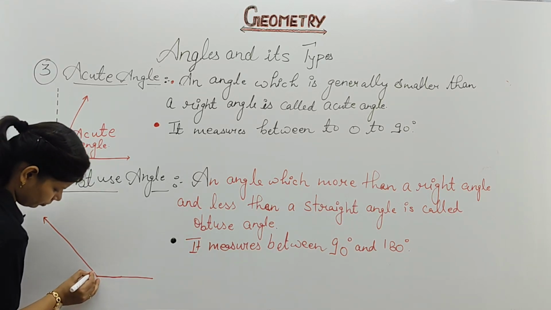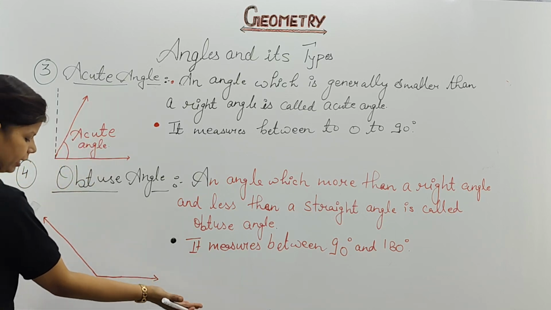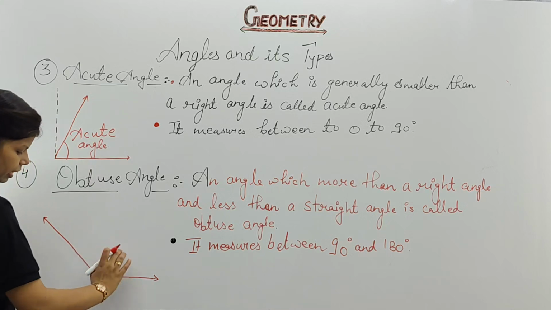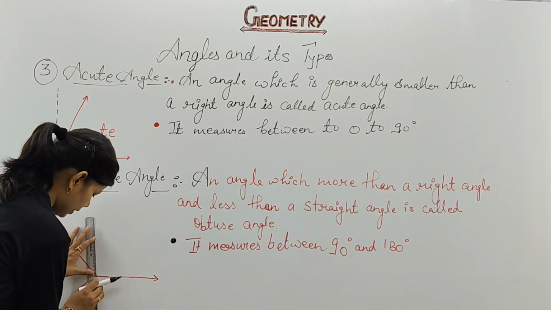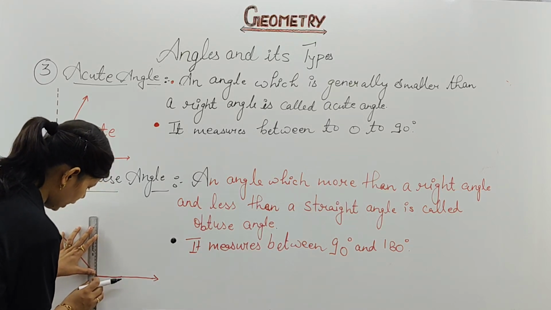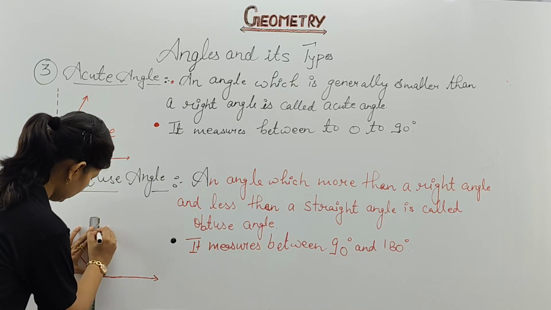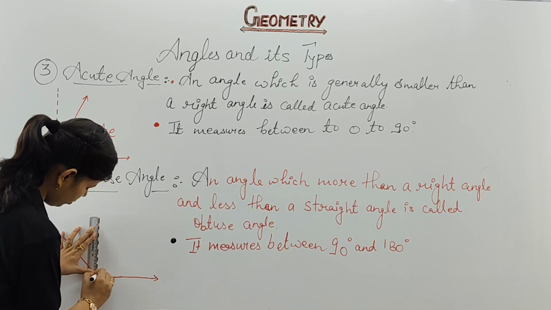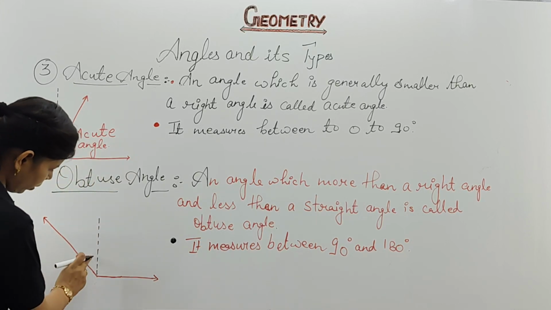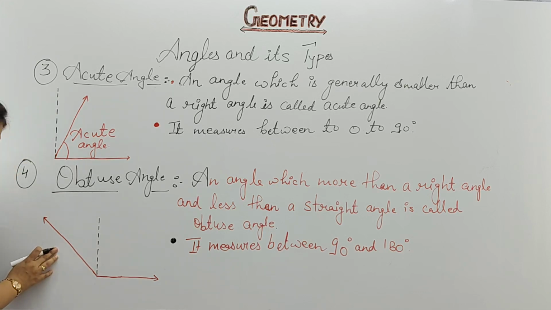Clear? Now what you have noticed here, this is quite extended in form. Now I am going to draw your 90 degree with another color marker. If this is your 90 degree, straight will be your 90 degree, no? So if this is your straight angle, that is your straight one, and it is more than that.